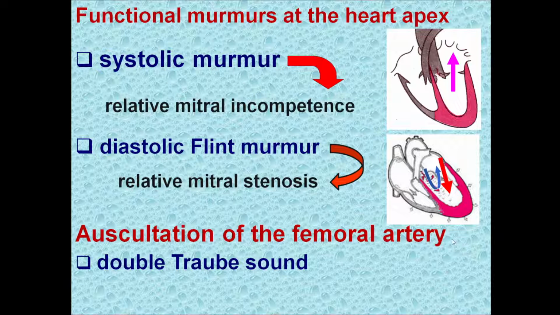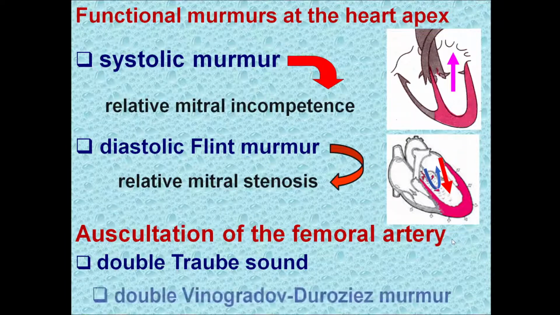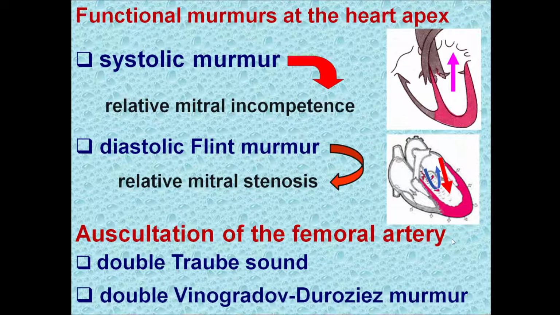On the exam there will be a separate question about auscultation of the femoral artery, and you must start from the information that the femoral artery is auscultated only in a patient with aortic regurgitation to reveal double Traube sound and double Vinogradov-Durazian murmur.